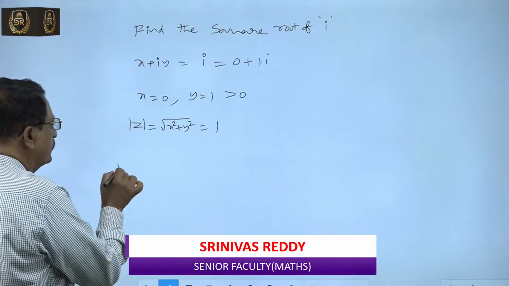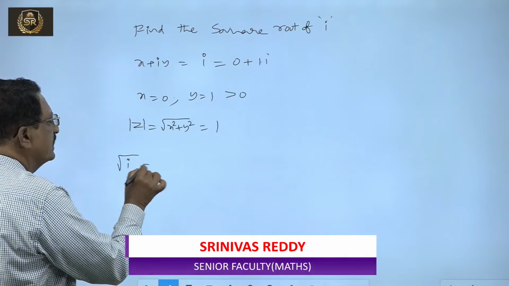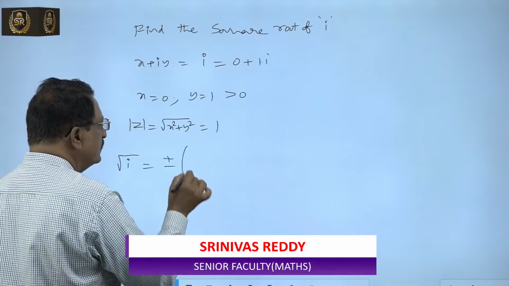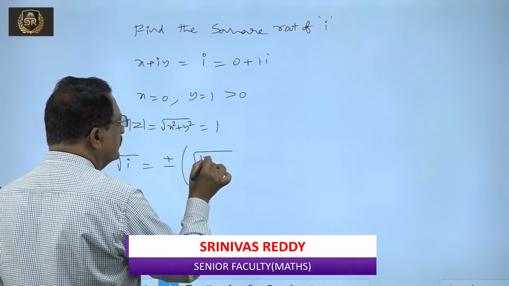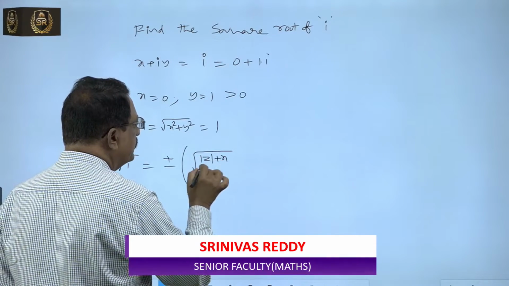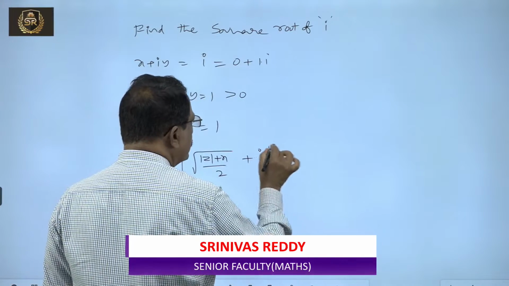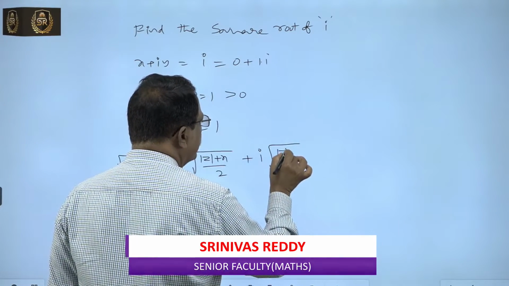Now therefore root i equals plus or minus of under root of (mod z plus x)/2 plus i into square root of (mod z minus x)/2.